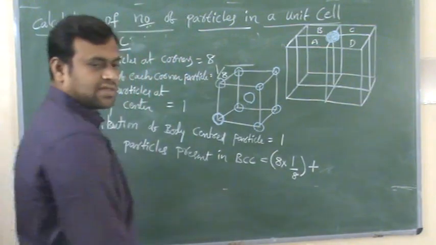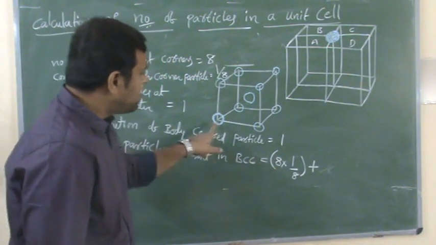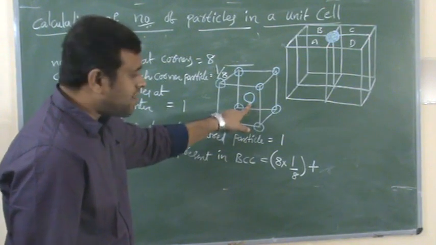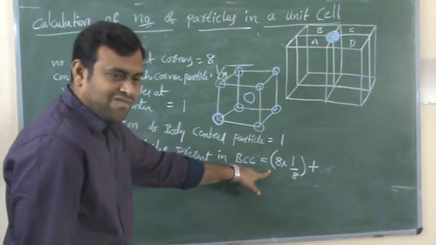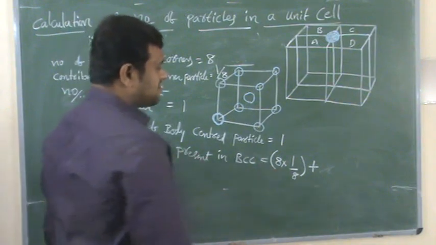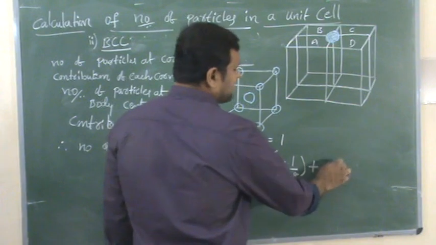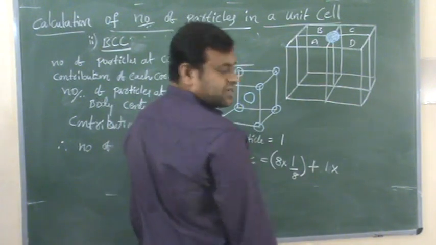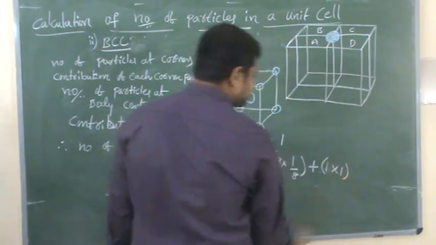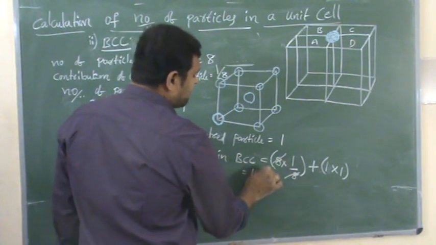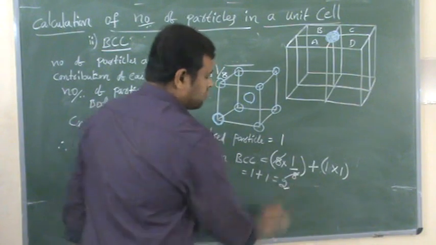Plus, here along with corner particles there is a body centered particle. That is why number of corner particles plus how many particles are present at body center? 1 into contribution 1. This 8 gets cancelled, that is 1 plus 1, equals 2 particles.